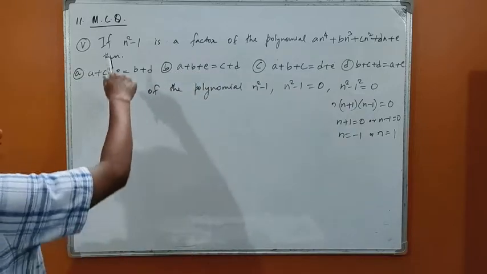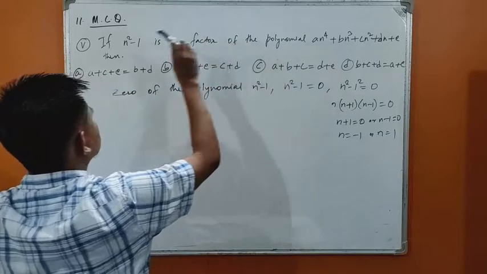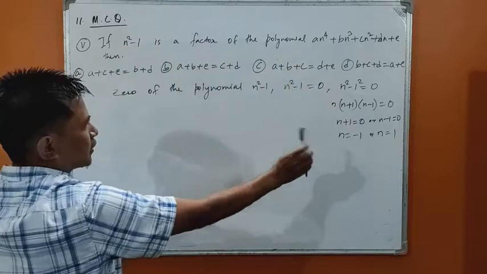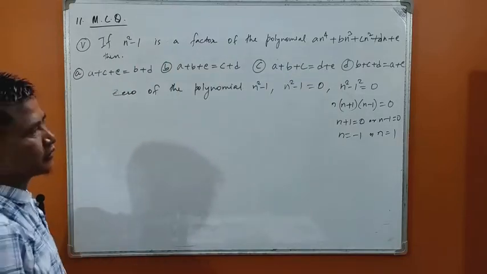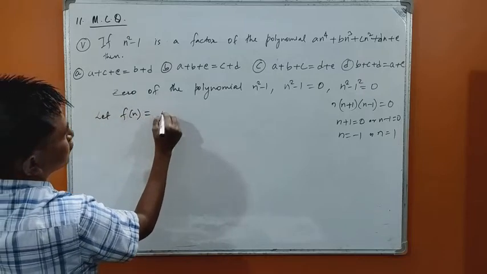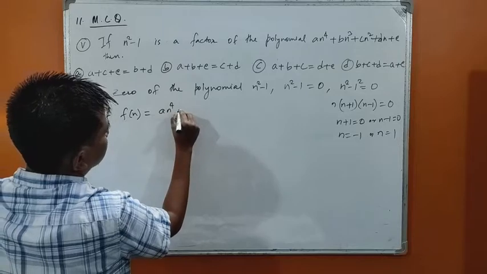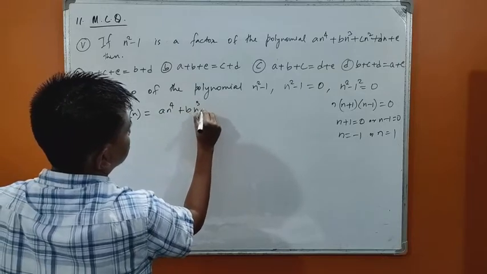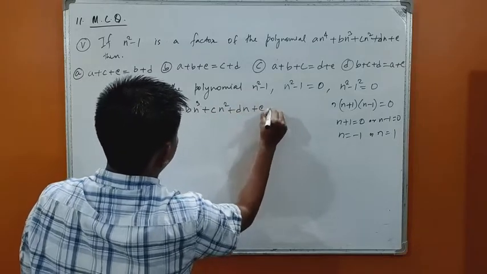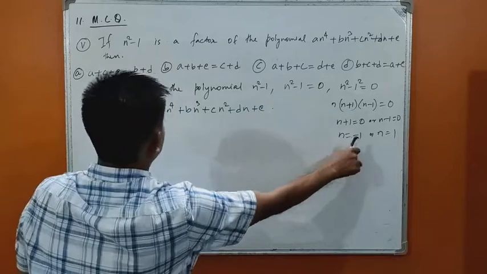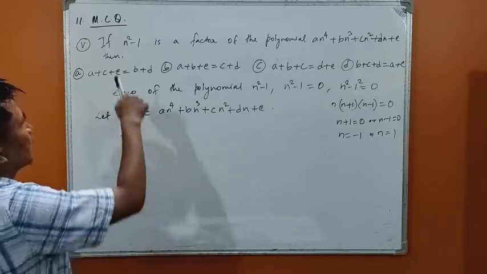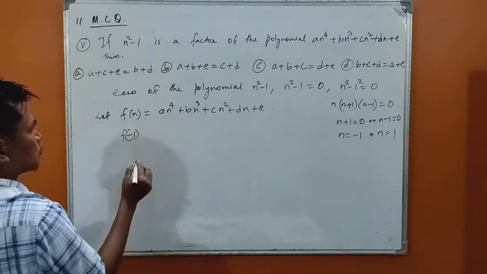So for x square minus 1 to become a factor of this expression, the remainder should be equal to 0, isn't it? Let f(x) equal a x to the power 4 plus b x cube plus c x square plus d x plus e. Okay, now let's take minus 1, f(-1). Since x square minus 1 is a factor, f(-1) should be equal to 0.